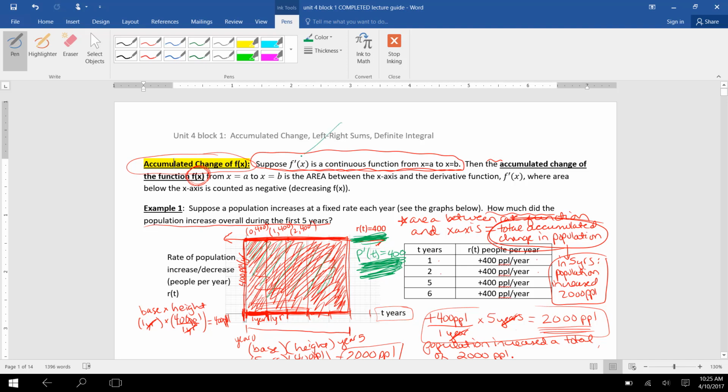Again, you're given f prime, the rate function. Then we can use that rate function to find accumulated change. The accumulated change of f of x, the original function, on that interval is the area between the x-axis and the derivative function, where we are going to count area below the x-axis as negative, and we're going to see that in the next example.